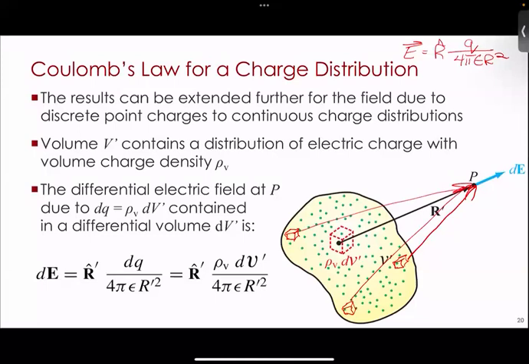So you can probably guess what's coming next when you've got some dEs and dQs and that sort of thing. We're going to integrate this to get it so it's over the entire body, the entire volume. Before we do, you can see the dQ here, which really is representing the Q in the original equation, Coulomb's law. But using what we were talking about before, dQ can be represented by rho v dV, okay?